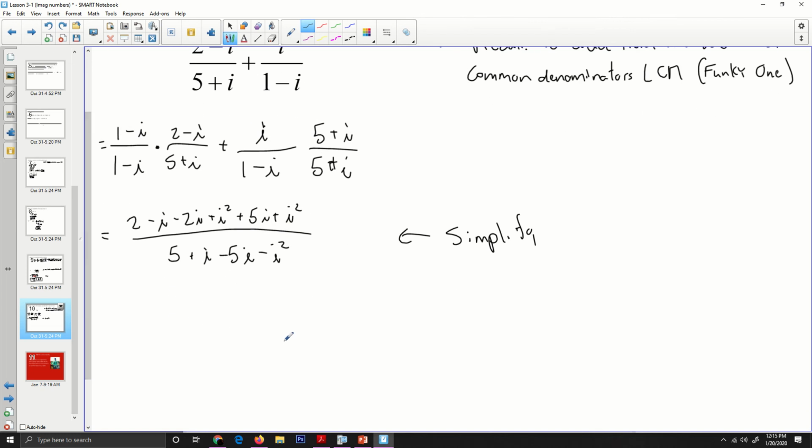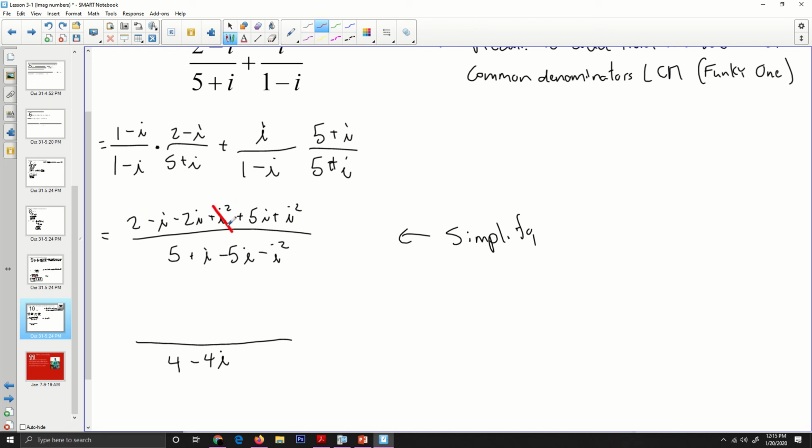And let's do the denominator first. That'll be simple. So I have 5 minus negative 1 is 4, and then i minus 5i is negative 4i. And let's see here. I have a positive i squared and a positive i squared. So that's two negatives. So I've got negative 1 and negative 1, and positive 2, that's going to be a 0.